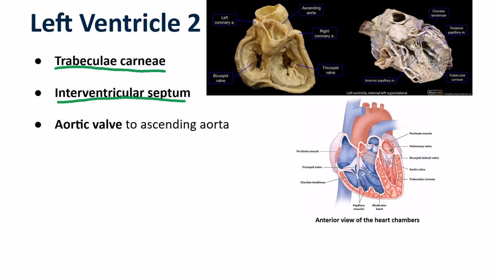The left ventricle is going to accomplish the role of pumping blood to the systemic loop by pushing it through the semilunar aortic valve, and that aortic valve feeds into the ascending aorta, which is the proximal most part of the aorta.